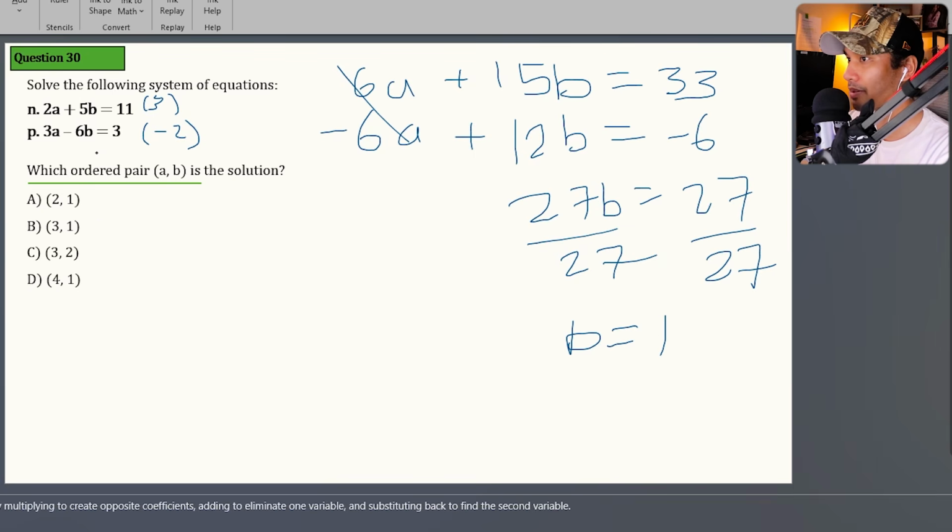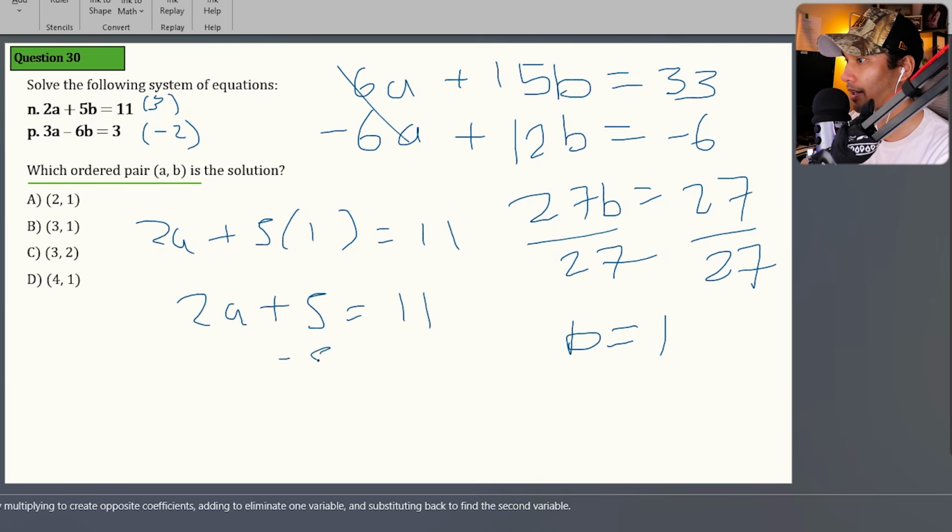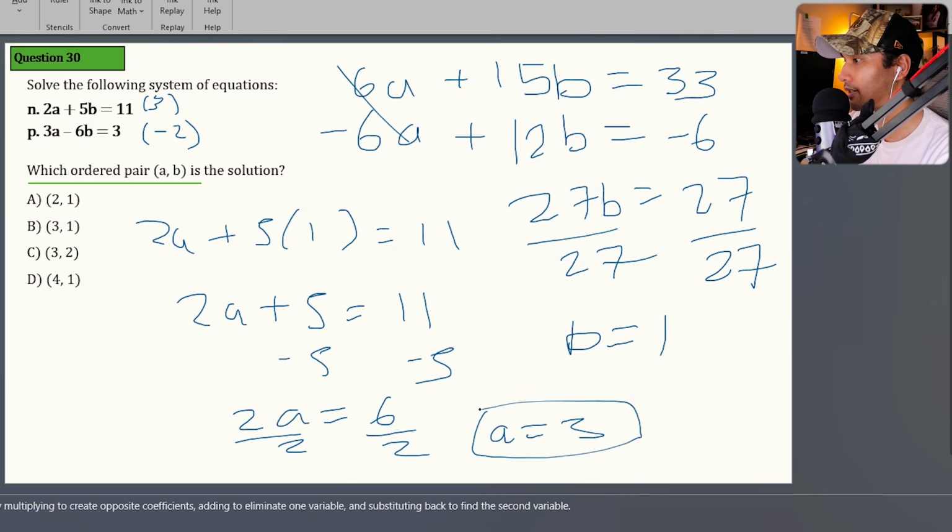Now we're going to put this b into any one of these equations to get a. I'm going to choose the first one. So let's go 2a plus 5 times 1 equaling 11. 2a plus 5 equaling 11, minus 5, 2a equaling 6, divide by 2, a equaling 3.